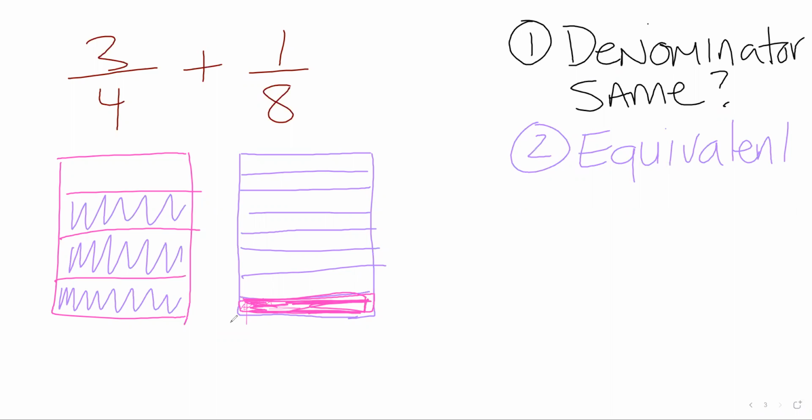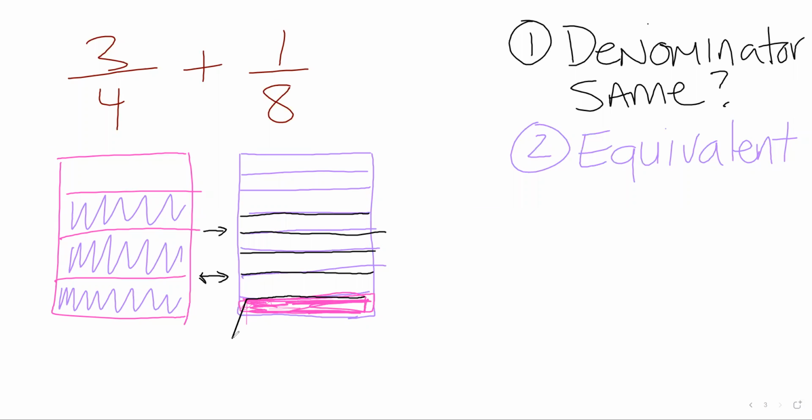Because if I make an equivalent fraction, then I can actually make these the same. And so that's what I'm going to do. I notice when I look at this model that this is cut into 8 pieces. And this is cut into 4, but I have this gift that these lines are lined up.